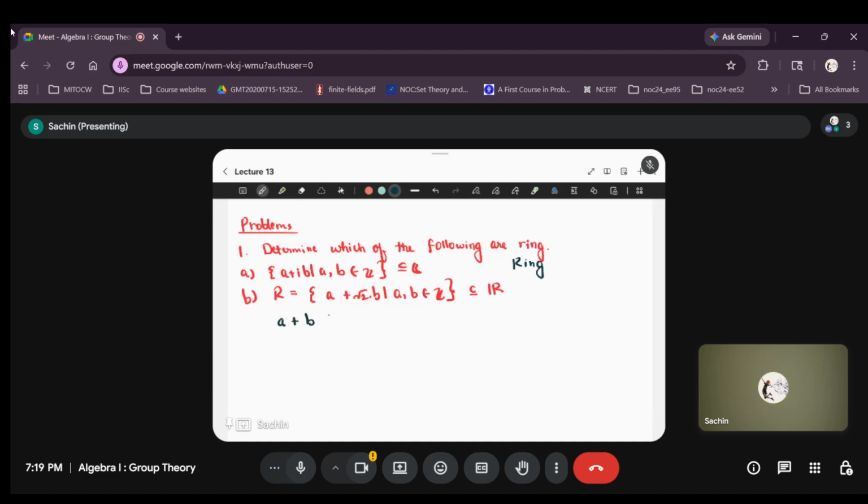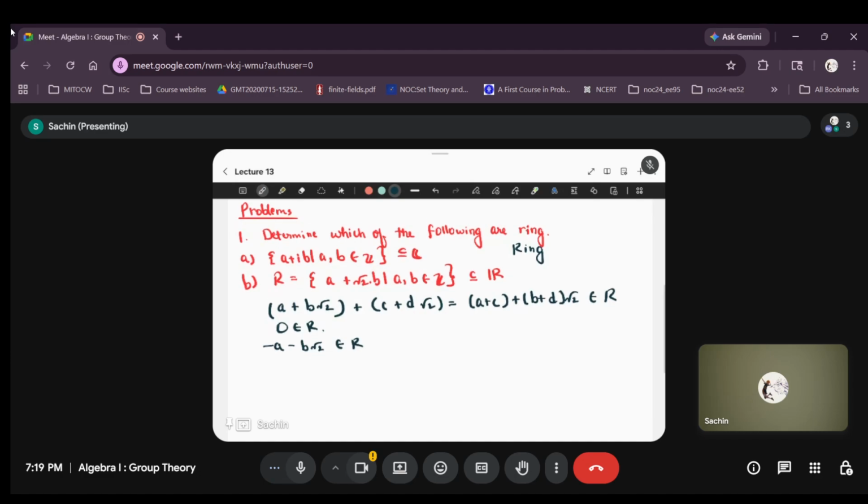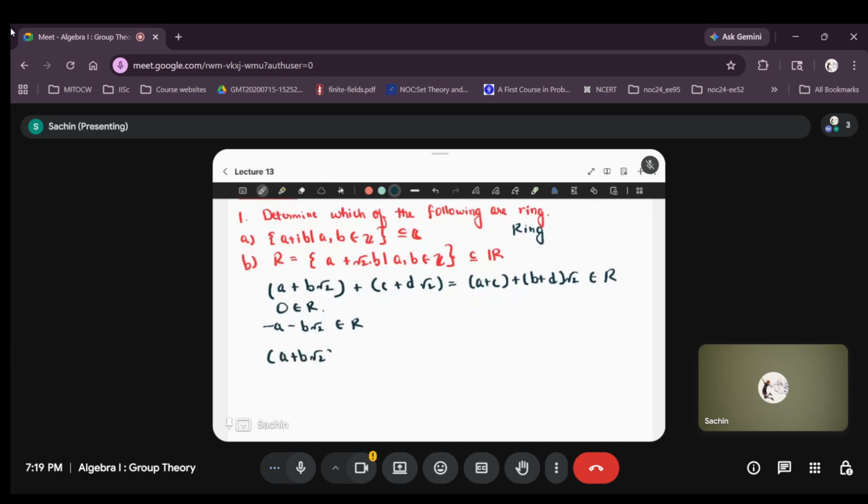Let's see, ac plus ad root 2 plus bc root 2 plus root 2 times root 2 bd. We can write this as ac plus 2bd, which is an integer, plus ad plus bc into root 2.